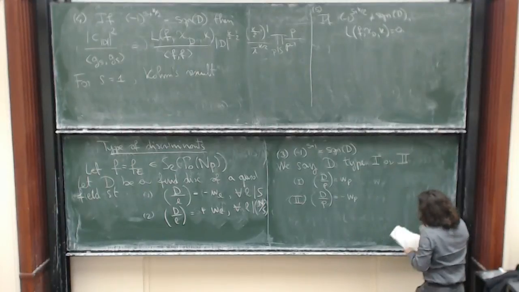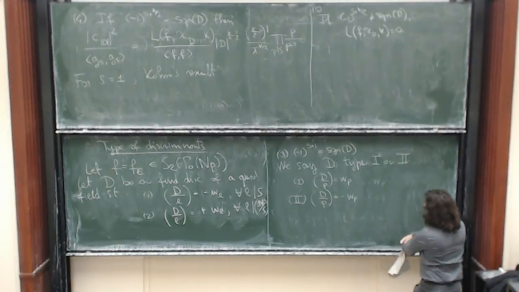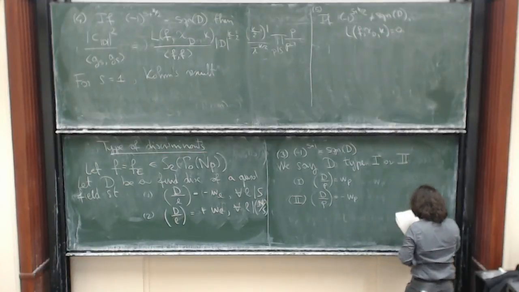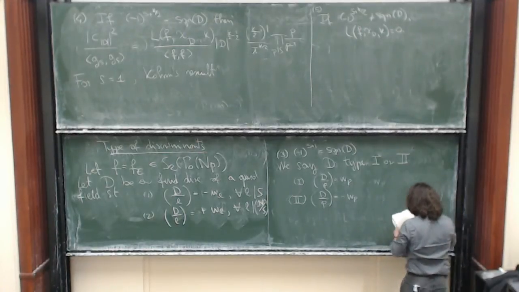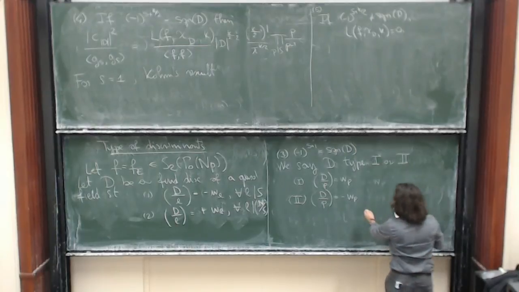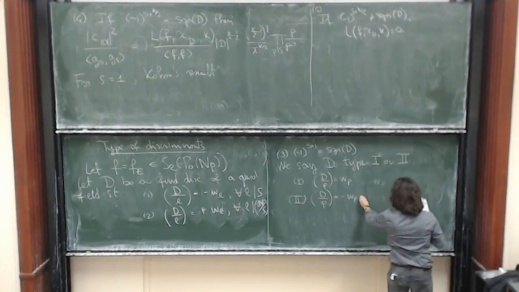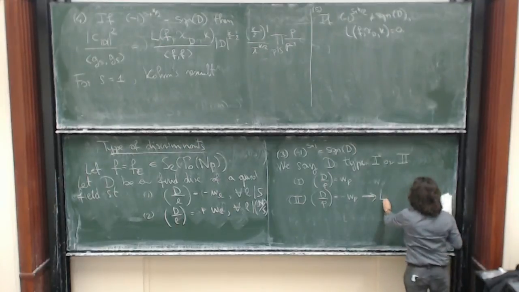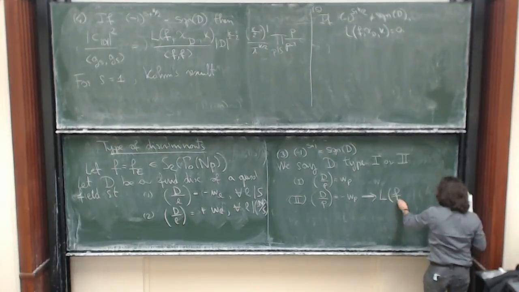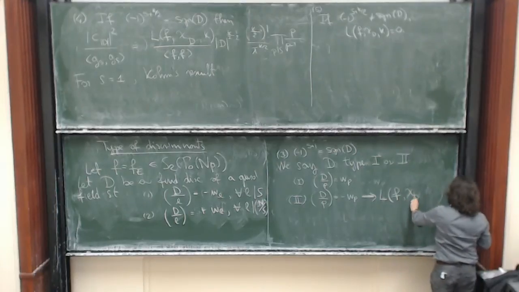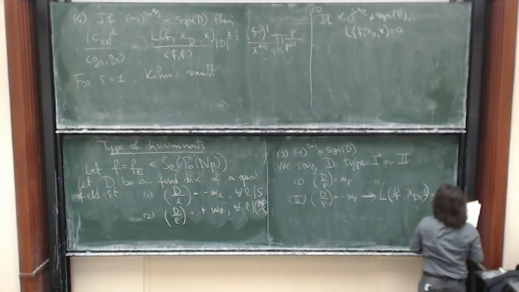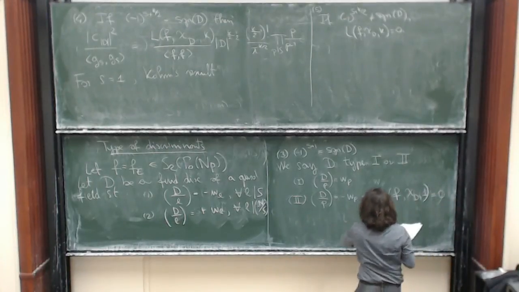Why am I interested in these definitions? Because if a discriminant is of type 2, then from the above theorem we see that the special value of the L function of f twisted by character chi d at the central point 1 is necessarily 0.